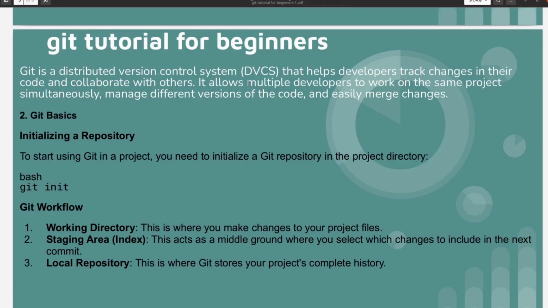Okay, and whenever they are done writing their code for the specific functionality, they will create a new branch and push their code to that branch in the centralized repository.